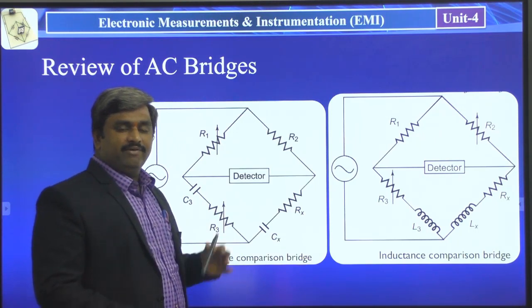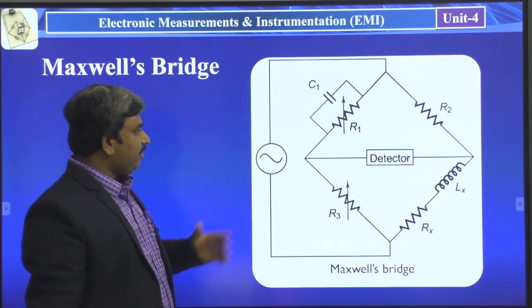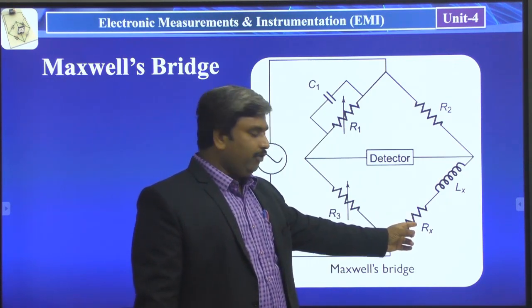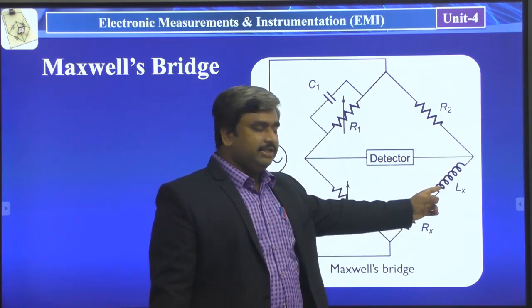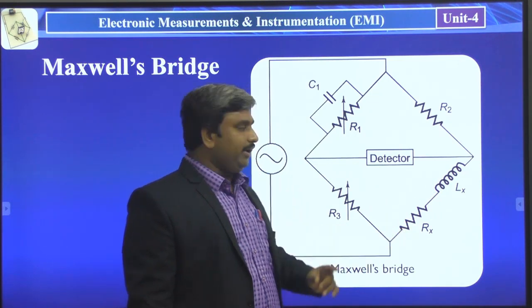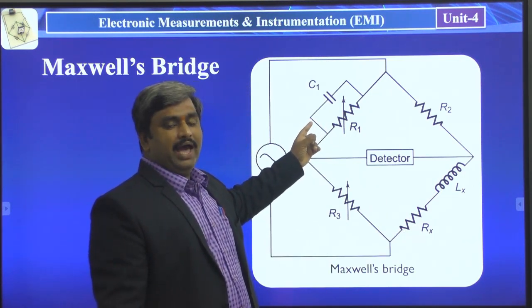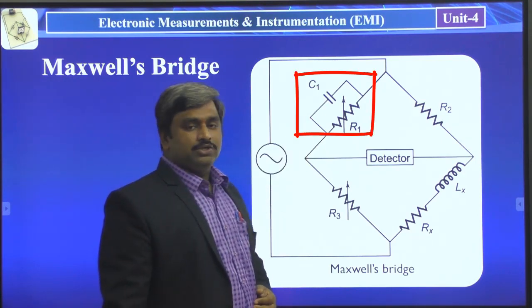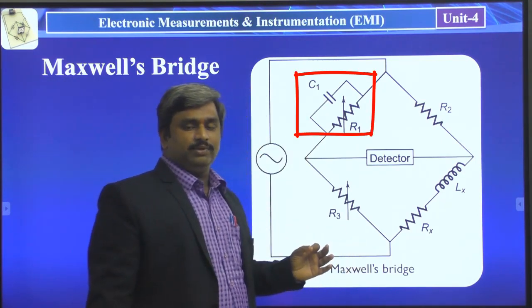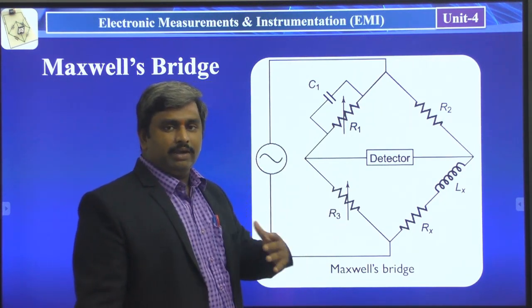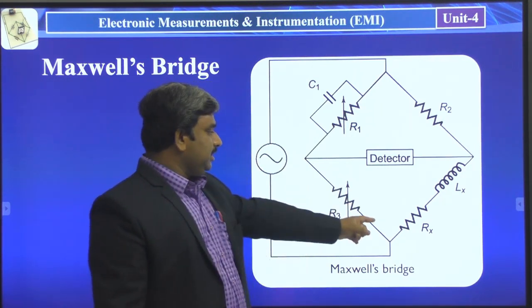So let us see our Maxwell's bridge. In this Maxwell bridge, we have taken the fourth arm with an LX component with internal resistance RX, and the first arm R1 has a parallel capacitance. This seems almost like a combination of the inductance and capacitive comparison bridges.